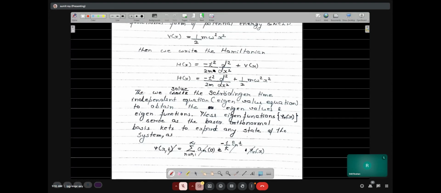Then we solve the Schrodinger time independent equation, that is the eigenvalue equation, to obtain the eigenvalues and the eigenfunctions.